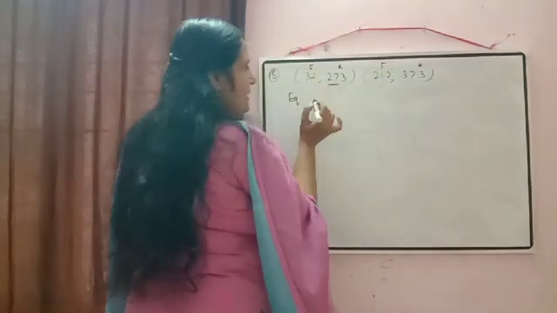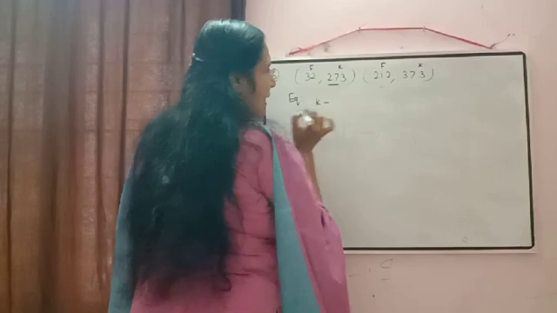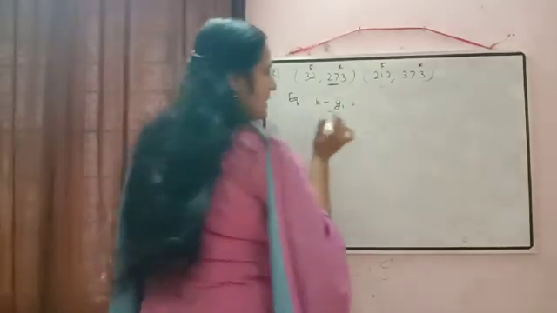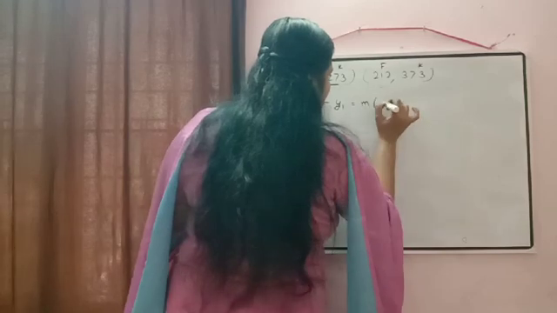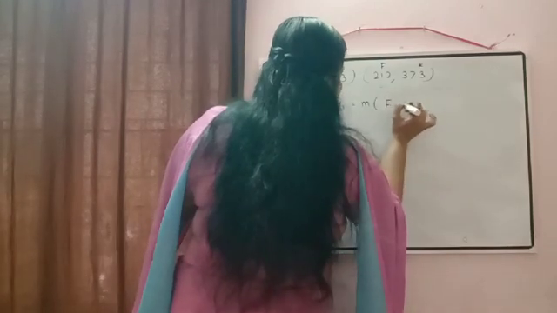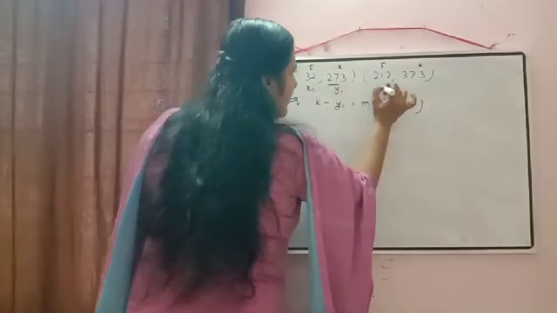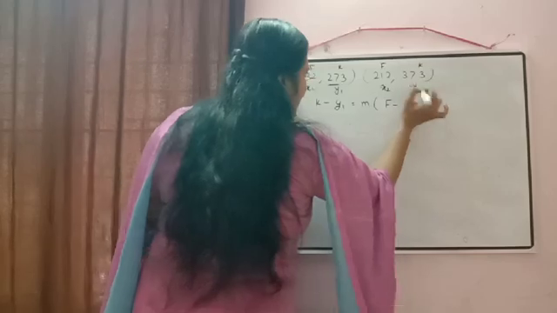So our equation will come in this way: K minus y1 is equal to m into f minus x1. So this one we can take as x1 comma y1 and this is x2 comma y2.